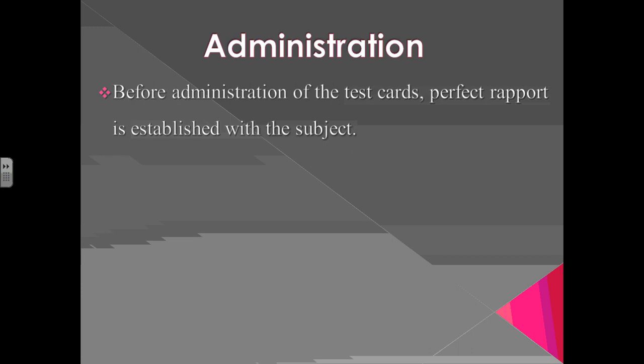The subject is asked to sit comfortably in a chair free from external distractions. The cards are presented one by one, and the subject is asked to look at the inkblot and to say everything that the inkblot looks like or resembles.